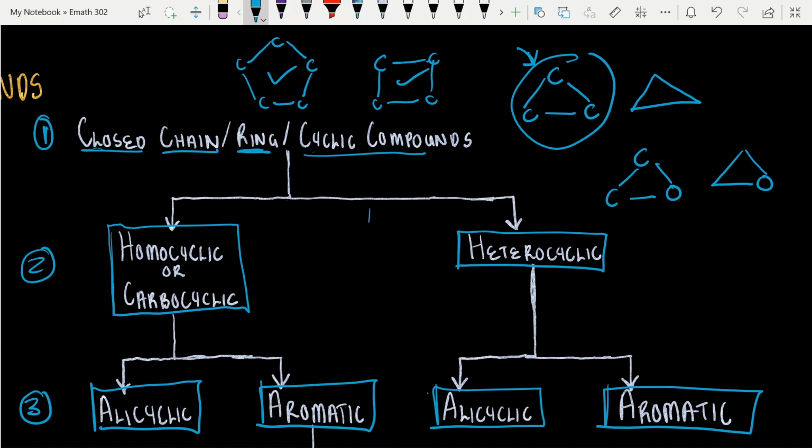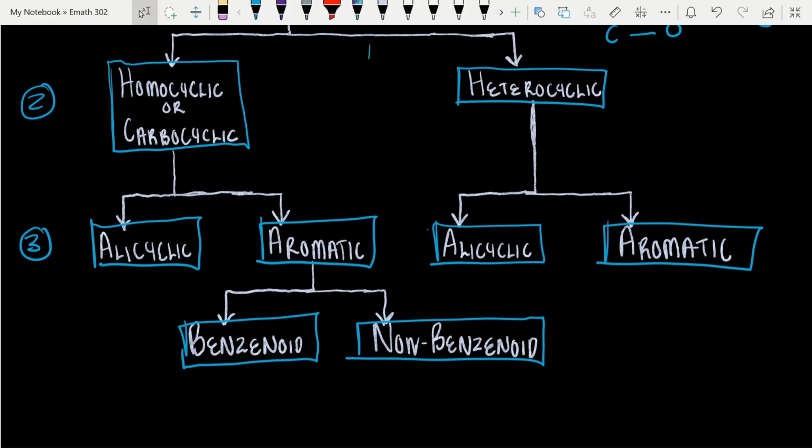That's done, if you know that. But you know that for homocyclic, most of the aromatic ones have benzene. So we can say, do you have benzene or you don't? Benzenoid versus non-benzenoid. Done. That is like the 4th stage, which is only there for homocyclic or carbocyclic compounds.